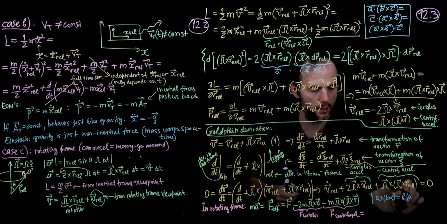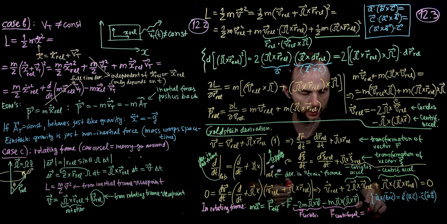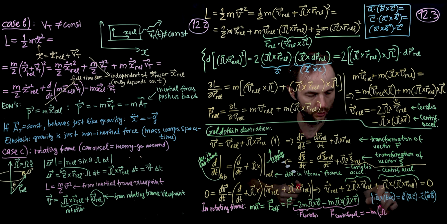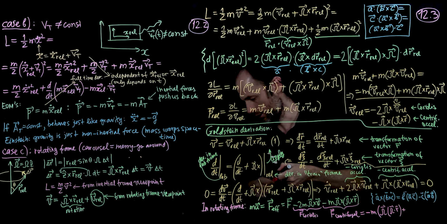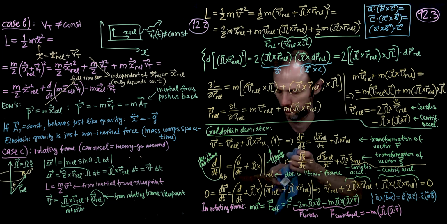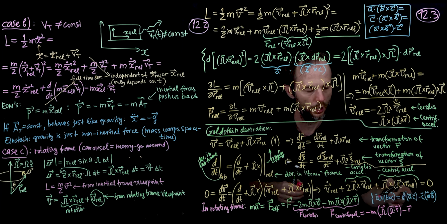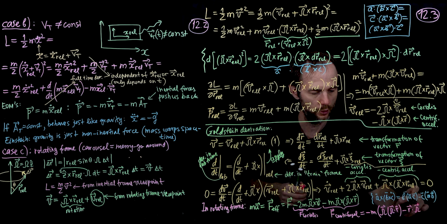It will be B A dot C minus C A dot B. So if we use this here, then we're going to be able to write that this is equal to minus m times, so this will be ABC, so it will be BAC, omega times omega dot r, with a minus sign, minus sign, and then it will be C, so it will be r times A dot B, so it will be omega squared.